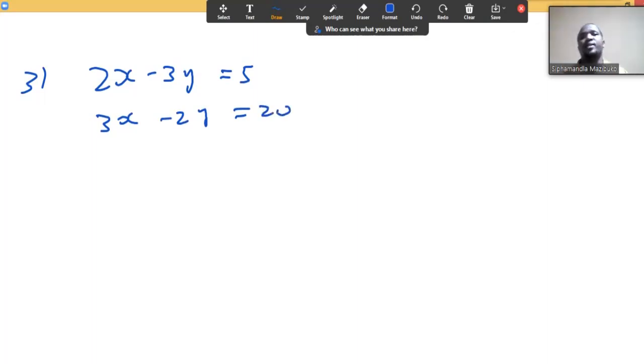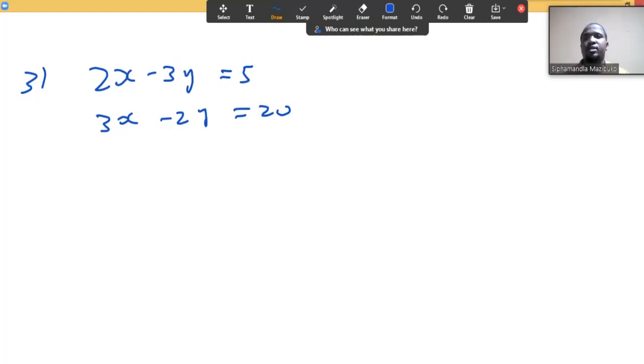So what do we do here? We have 2x minus 3y equal to 5, and we have 3x minus 2y equal to 20. Then what can we do?